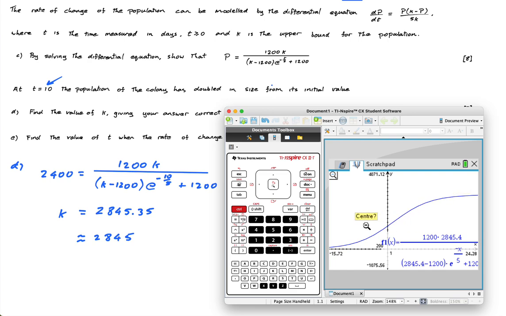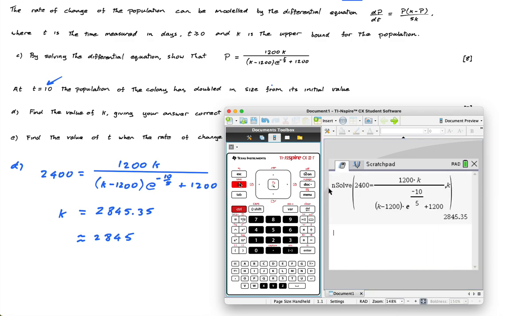But where is it increasing most rapidly? Well, it's actually the point of inflection. It's over here somewhere. So you could find the second derivative, when the second derivative equals 0. But on this calculator, you can just sketch the first derivative. Watch this.